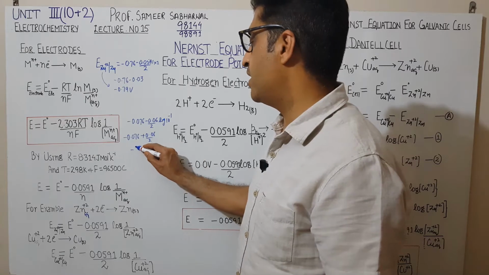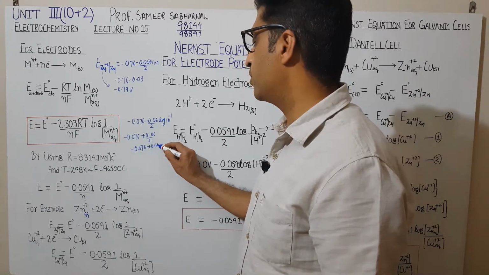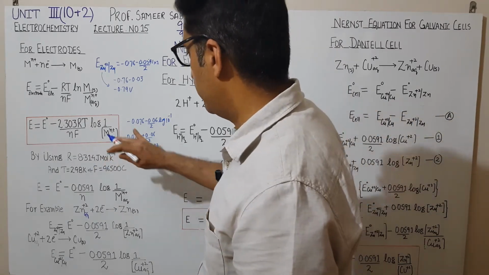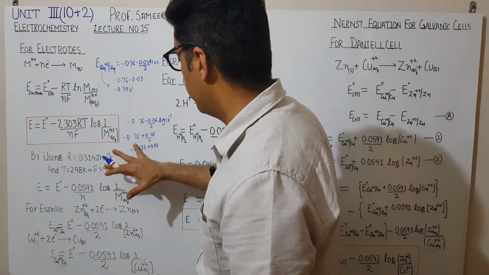Now this is minus 0.76 plus 0.03. So this is minus 0.0. Just a minute, let me do a correction. This is 0.76. Fine.